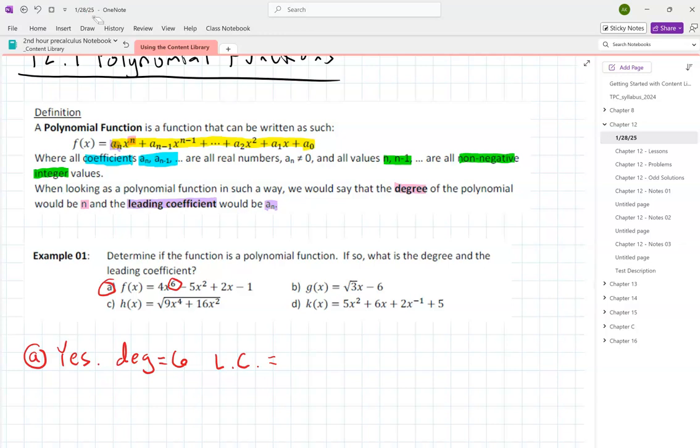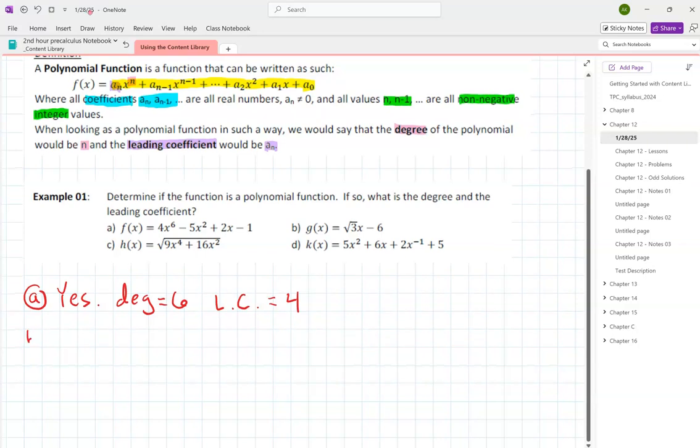The leading coefficient is the coefficient on the biggest degree term, so it's 4. It's not the biggest coefficient. So we could say, yes, f of x is a degree 6 polynomial whose leading coefficient is 4. Feel okay there? So far, so good?